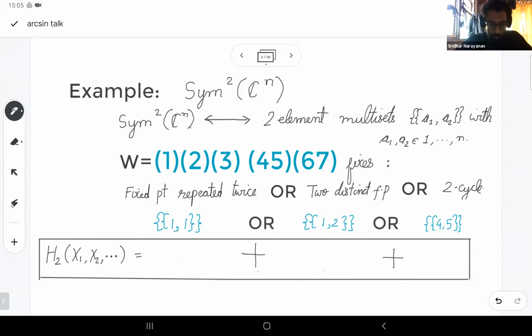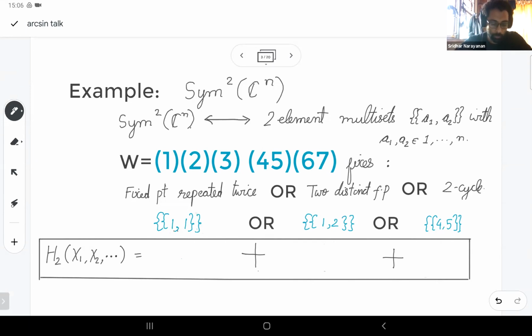So let's look at a motivating example. Consider the permutation which has 1, 2, 3 as fixed points, and it has a 2-cycle (4, 5), and another 2-cycle (6, 7). So this permutation would fix 3 types of multisets. In the first type of multiset, we choose a fixed point of the permutation and repeat the element twice in the multiset.